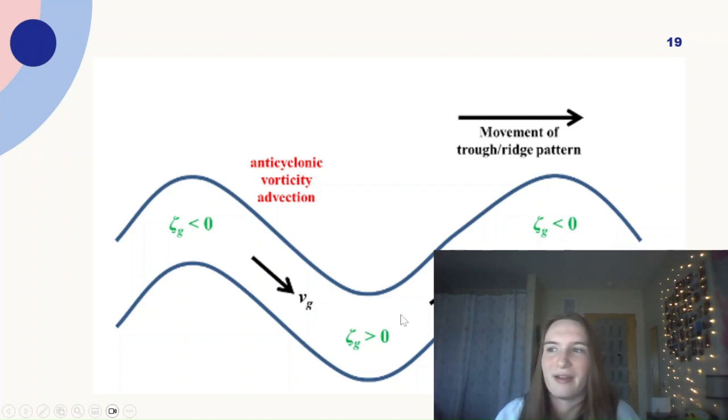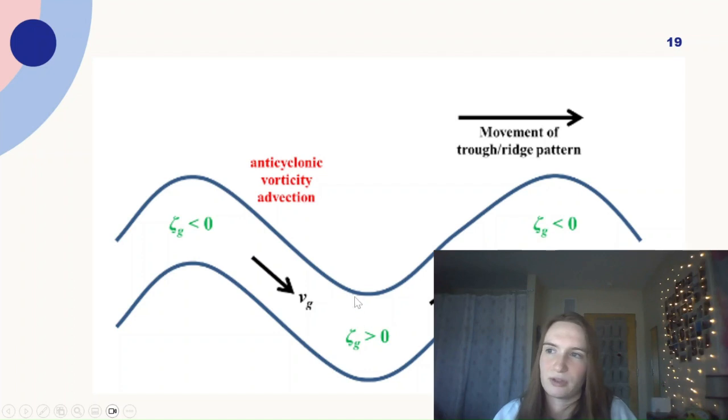So we have high values of geostrophic relative vorticity moving this way. So here's where the cyclonic vorticity advection is happening, right? When we have cyclonic vorticity advection, we have height falls. That height is falling. So this part of the curve is starting to mirror this, right? So this trough is moving to this area.